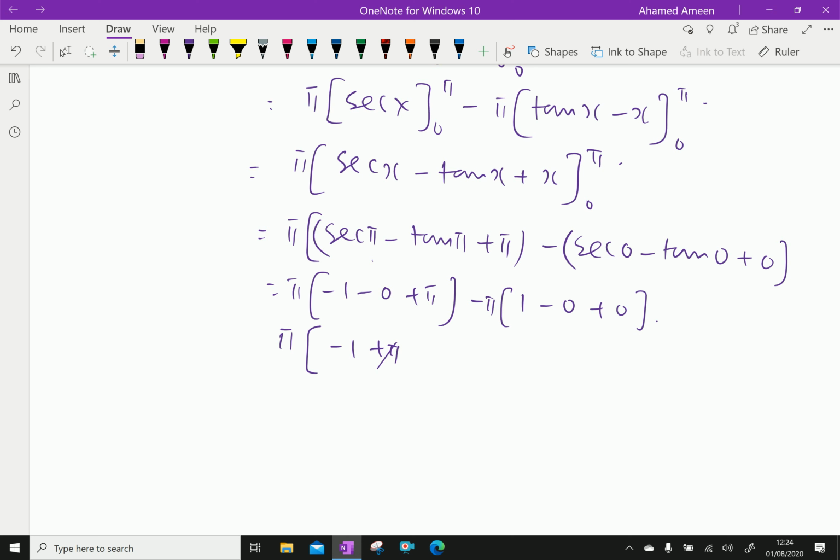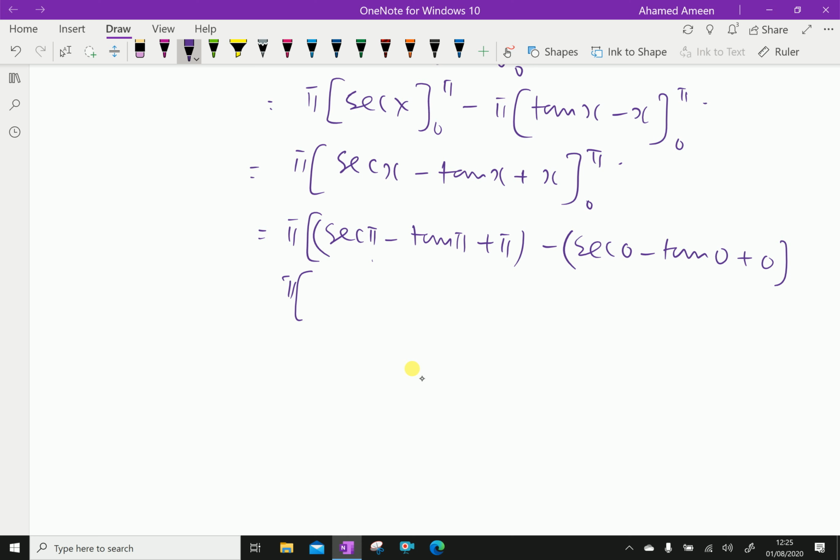Secant 0 is 1 and tan 0 is 0. Now we do the limits here, pi common, minus 1 minus 0 plus pi minus 1 plus 0 minus 0.